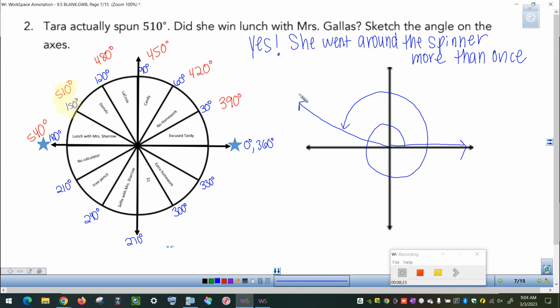So we saw that there's two different ways that we can label that terminal side position. It's 510 degrees or the original label of 150 degrees. There's a special relationship about angles that share the same terminal side, and I'd like for us to write down here that these are called coterminal angles.